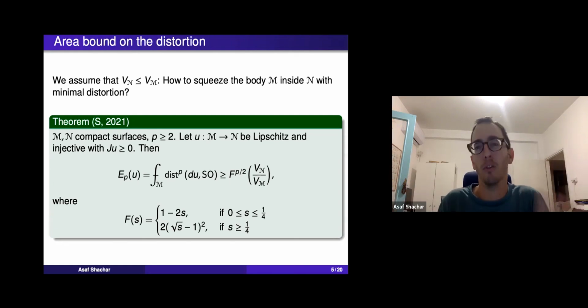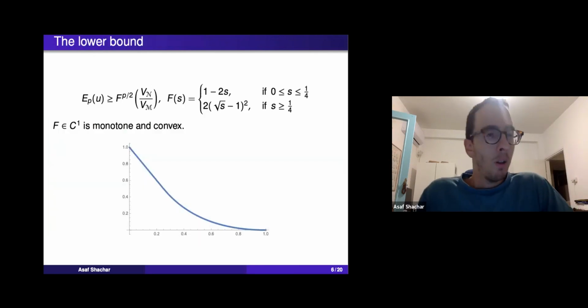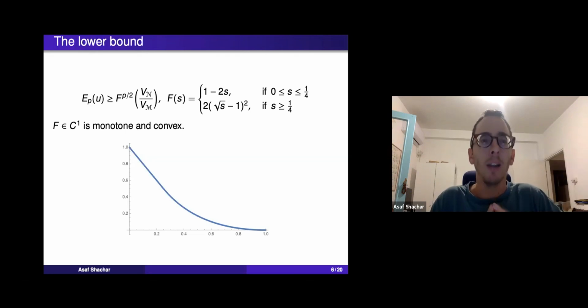So in some sense it looks very crude, but we'll see that it can still lead to non-trivial phenomena and observations in relevant cases. Again, this is the lower bound stated: the p energy is greater than or equal to f raised to the power p over 2.